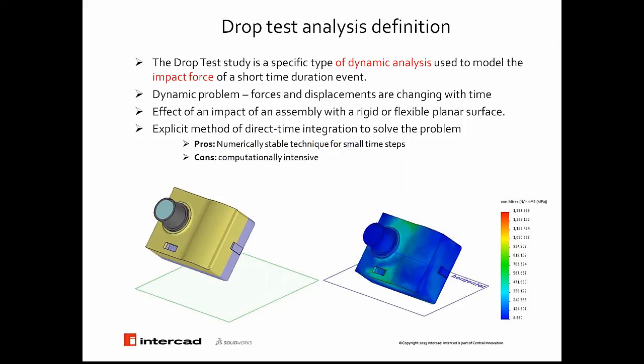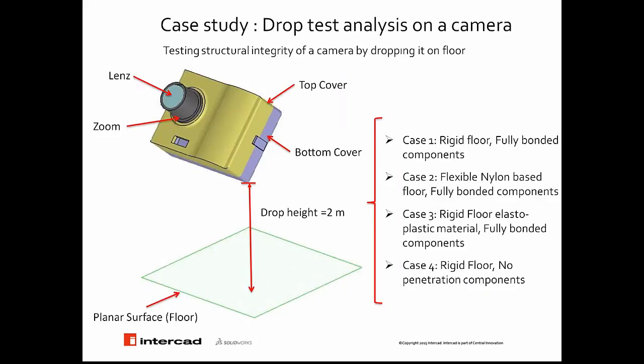We're basically using an explicit method of direct time integration to solve the problem. The benefit of this scheme is that it is a numerically very stable technique for a small time step, but it could be computationally very intensive. All right, with that explanation, let's have a look at our case study, which is a drop test analysis on a camera.